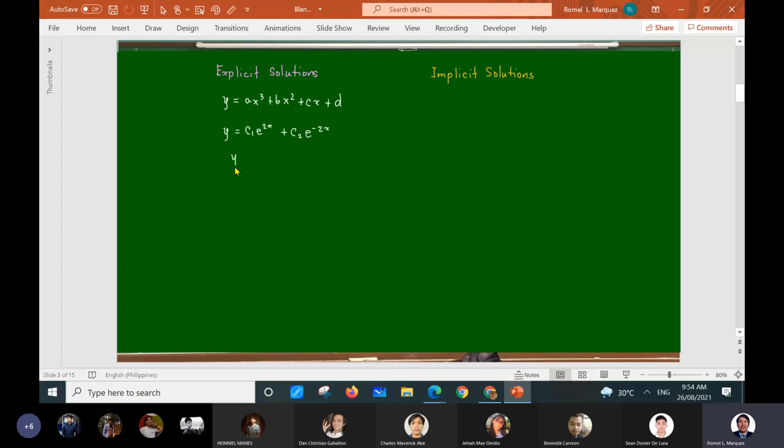y is equal to cosine of x plus b, then plus c, where b and c here are arbitrary constants. r is equal to e to the theta multiplied by cosine of theta. This last one does not contain an arbitrary constant.